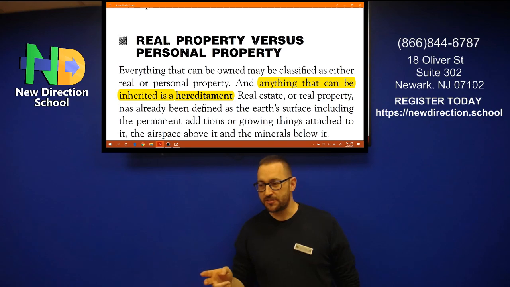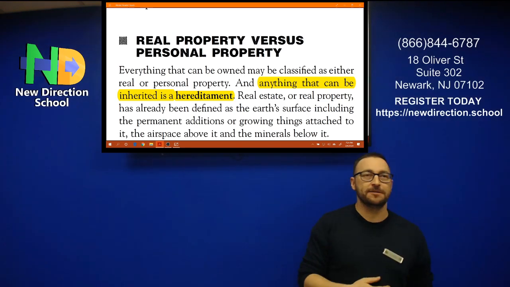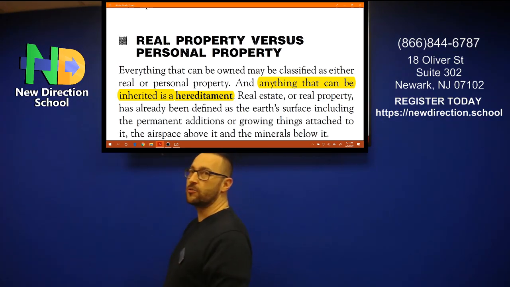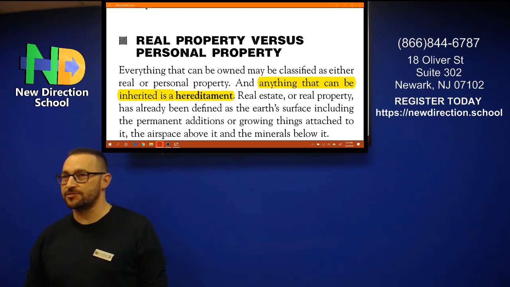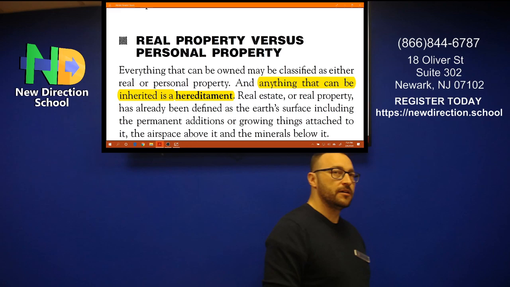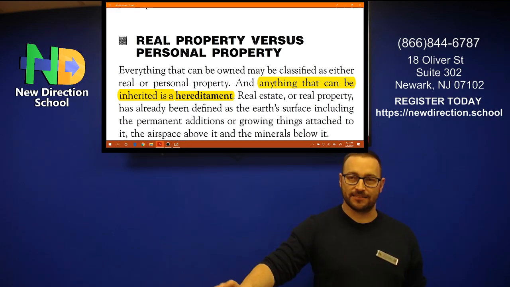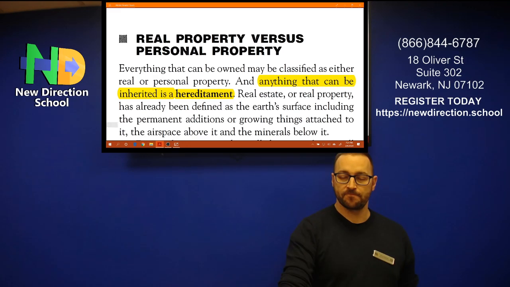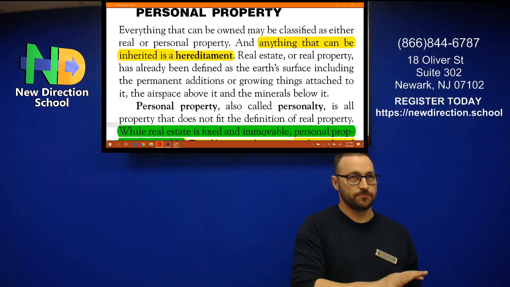Now, real estate or real property has already been defined as Earth's surface, including permanent additions and growing things attached to it, the airspace above it, and the minerals below it. We got this, right? Now, personal property. So, real property is done.